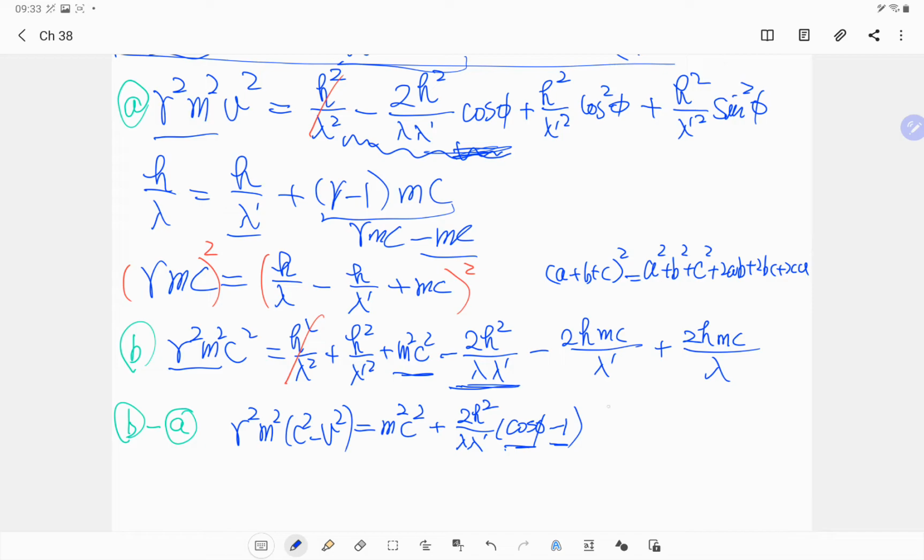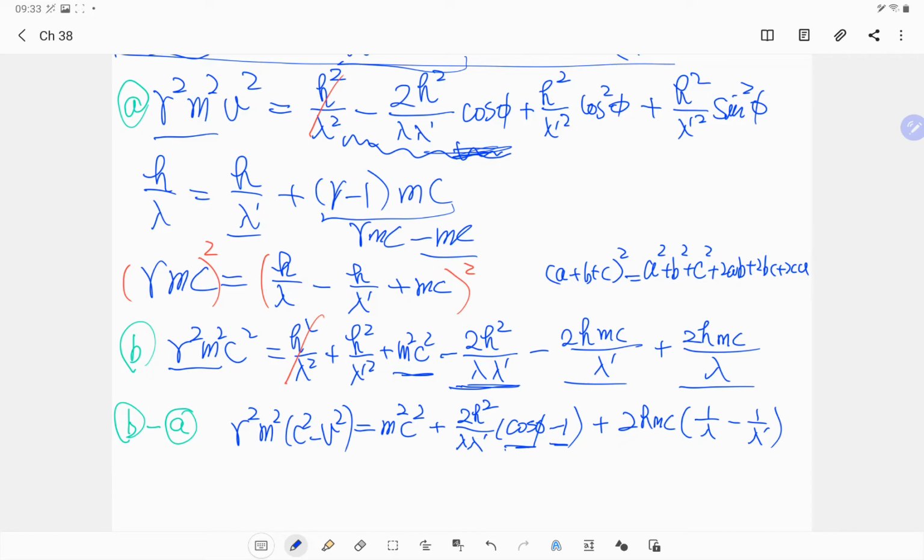So we should still have these two: 2h mc and then 1 over lambda prime minus 1 over lambda, or 1 over lambda minus 1 over lambda prime.